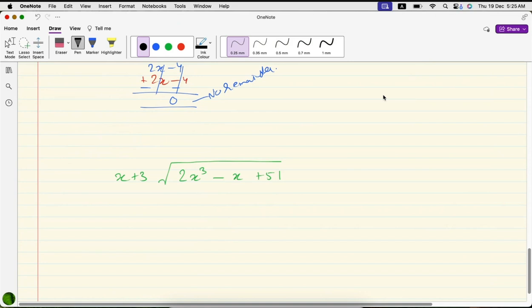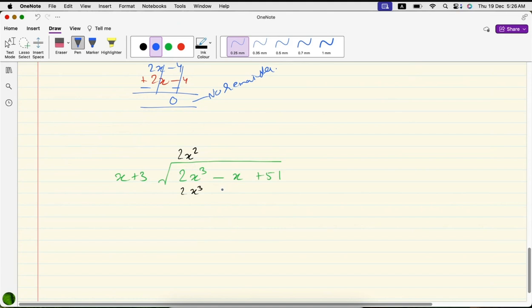So basically, I'm first multiplying the x plus 3 with 2x squared, and that gives me 2x cubed, which I can subtract with 2x cubed. But then afterwards, it's 3x squared, and that can't subtract with minus x squared.